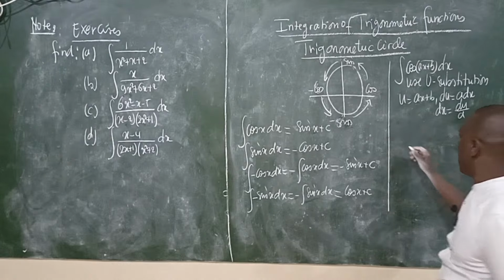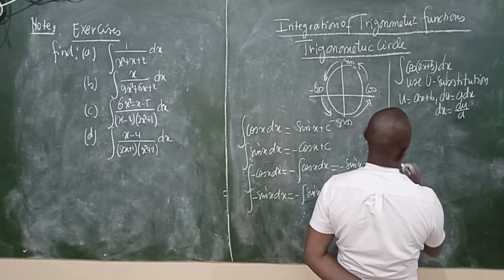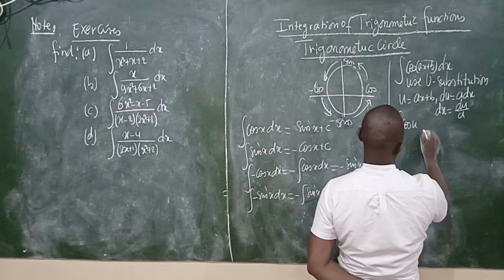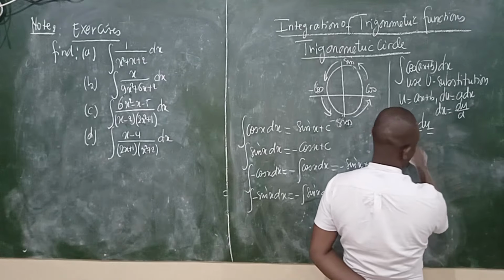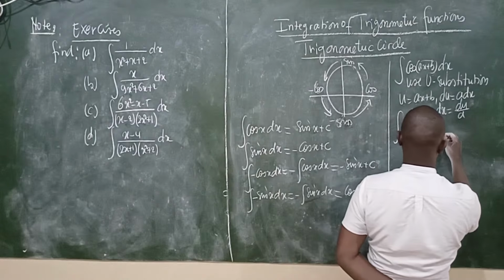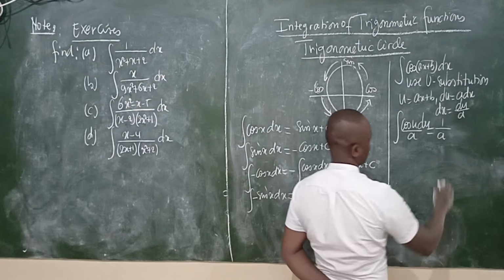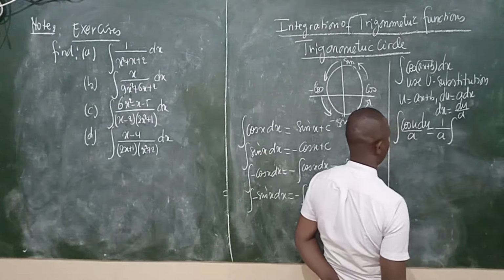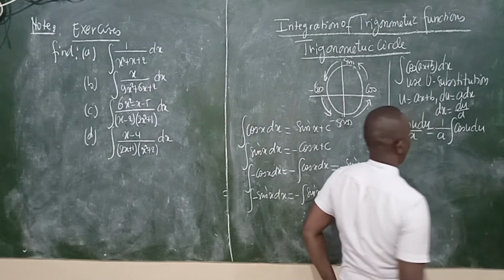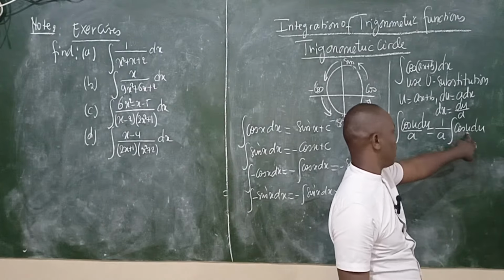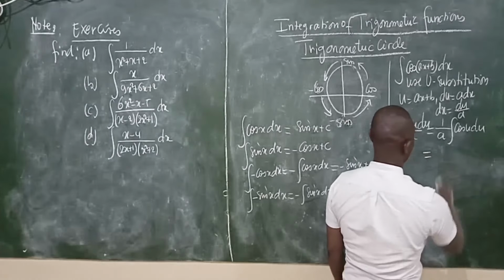Now the integral becomes cosine of u times du by a. Because a is a constant, we have 1 over a out of the integral sign of the integral of cosine u du. We have to integrate with respect to u, as here we have u.